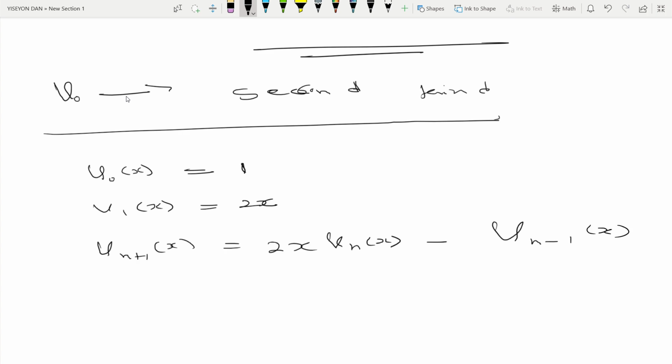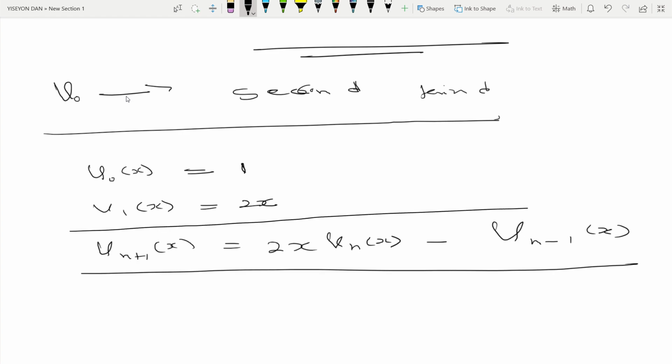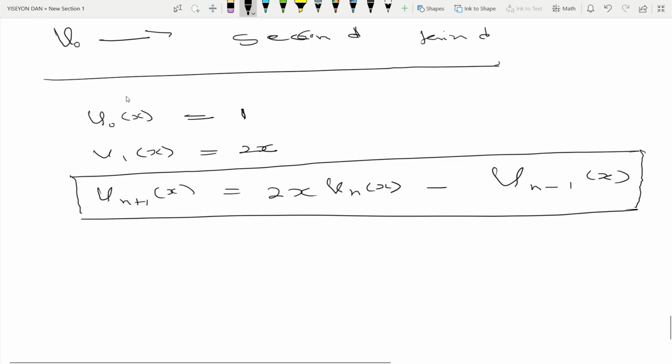So this is the general formula we use in solving the second kind polynomial. So let's take some examples quickly. We have our U0 of x to be 1, U1 of x to be 2x.